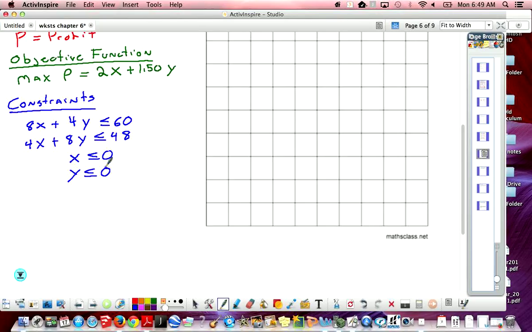So because they have to be positive, I can go ahead right now, label my x-axis pants, label my y-axis jackets, and now I'm going to want to graph them. I apologize, I'm going to move this because I want to use that space right there here. So I'm just going to put jackets up here.